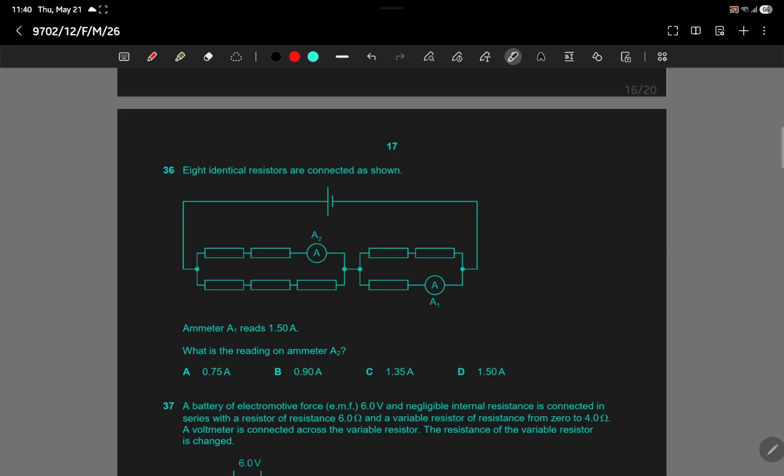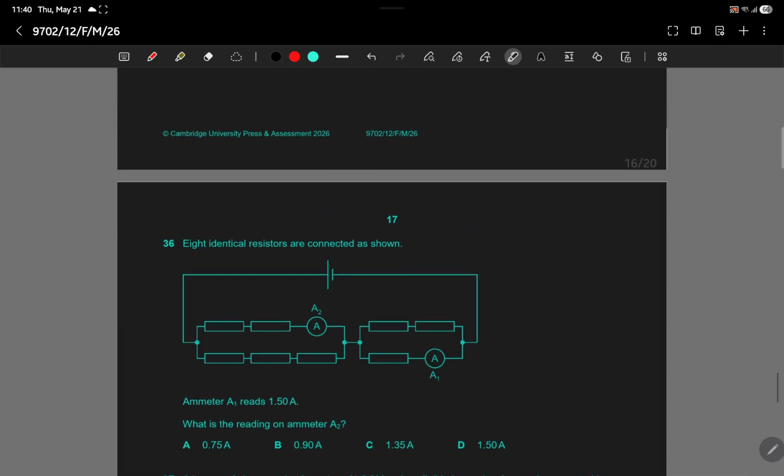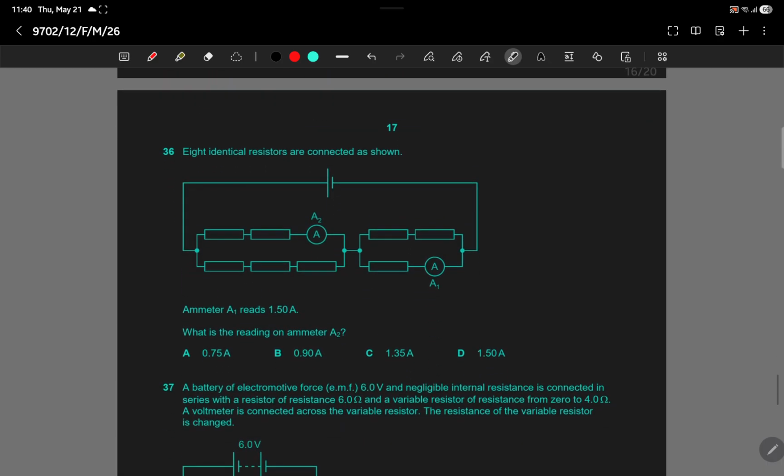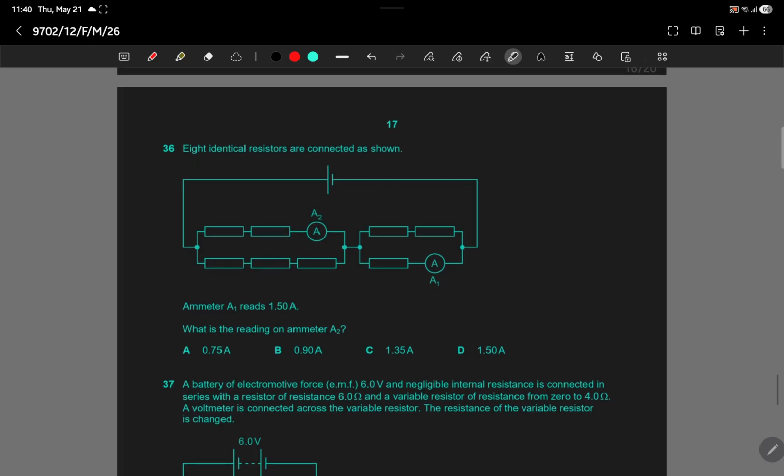Alright, so let's take this question from another point of view. All of these resistors are identical, right? So let the resistance of an individual resistor be R. So this is R, this is R, this is R, this is R, this is R, this is R, this is R, this is R. Okay, since they're all identical.